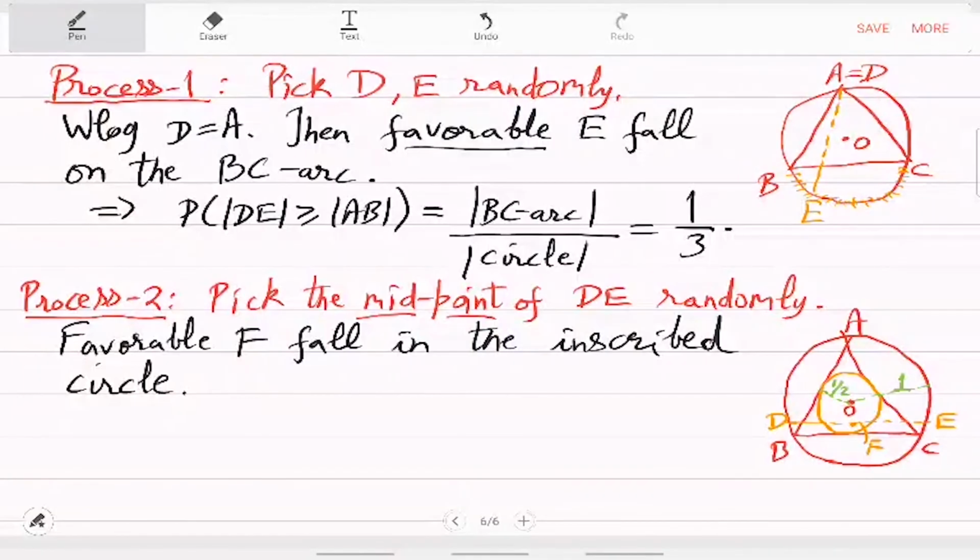If you look at the picture, then F, which is outside the inscribed circle, those chords will be smaller. Okay, and F inside the inscribed circle, since it is closer to the center O, the chords will be longer. Okay, that's basically the visual insight, visual proof. And by that, so inscribed circle whose radius is half, right. This half came from sine 30 degrees.